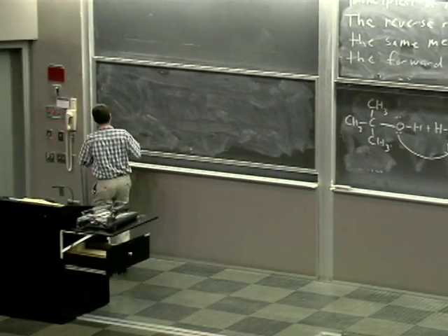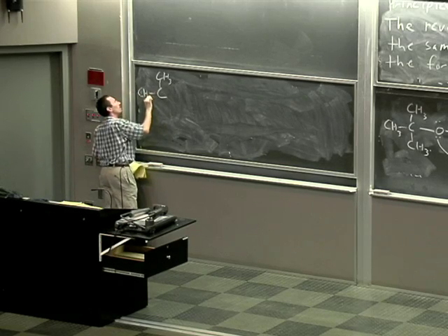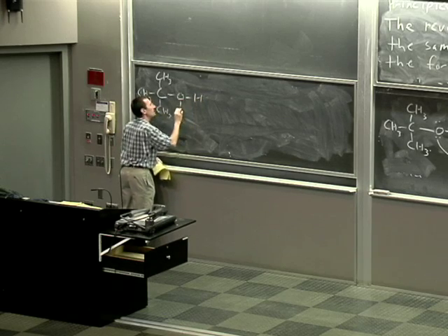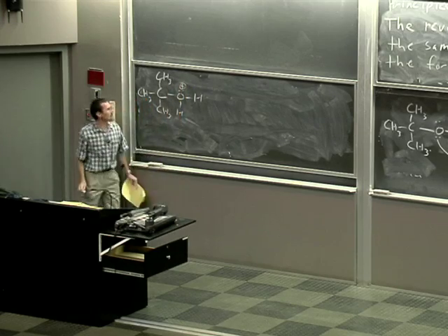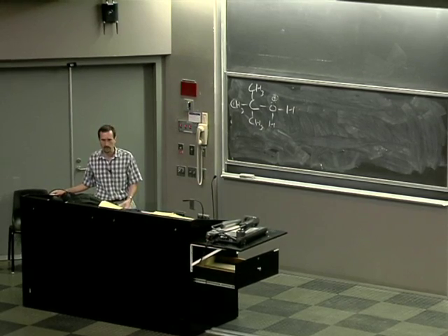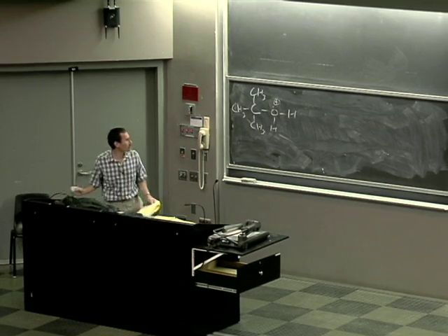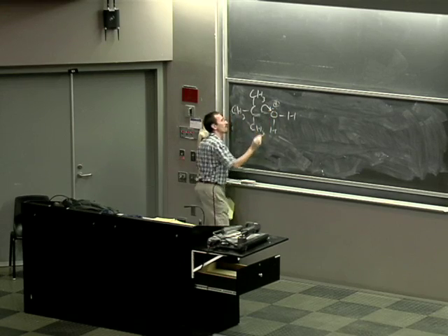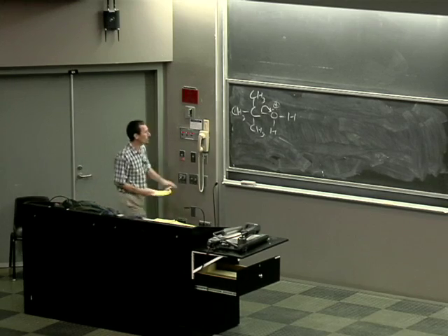Our protonated tert-butanol formed in that middle step on the right-hand blackboard, and now it's going to break apart. It formed from a carbocation and water. In the reverse reaction, it breaks apart to a carbocation and water. Electrons flow from the bond between oxygen and the carbon atom to the oxygen.